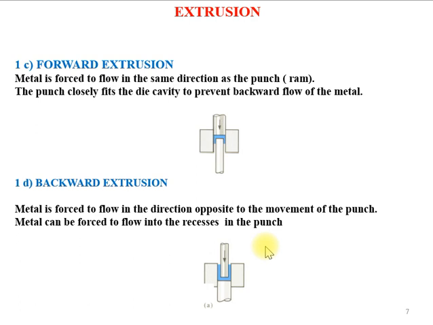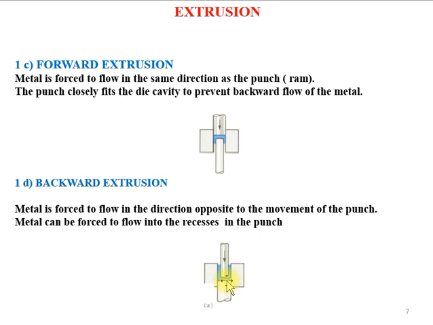In the case of backward extrusion, you have a die, and the ram that we are using is of a smaller size compared to the die opening, and we are closing the bottom side. So once the ram comes into contact with the billet, the only vacant space for the material to flow out is around this ram.